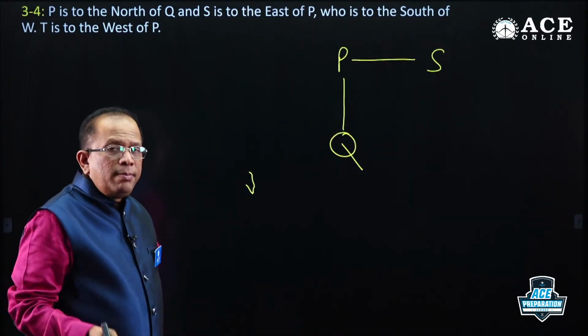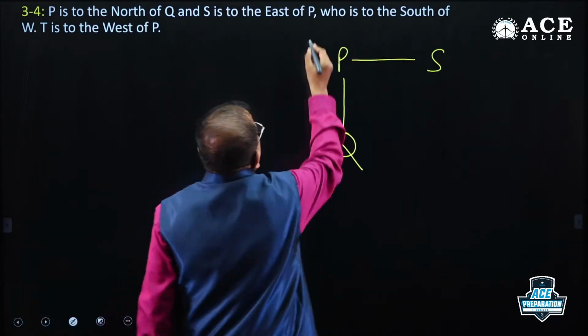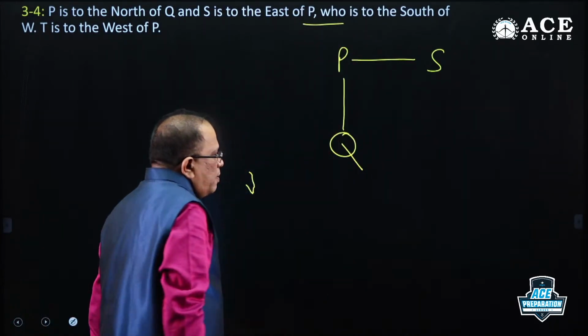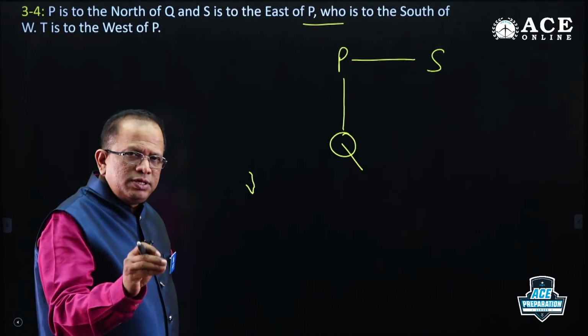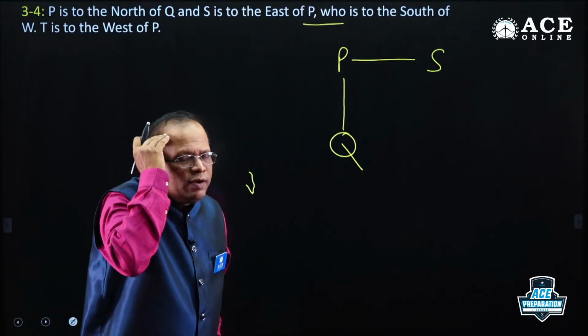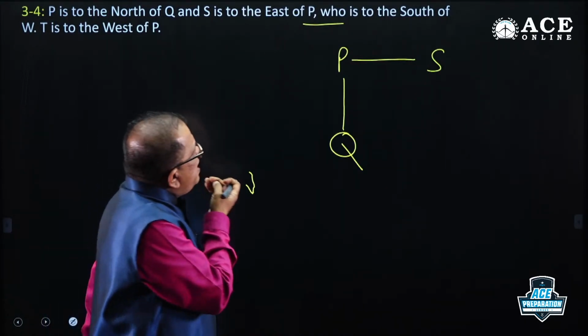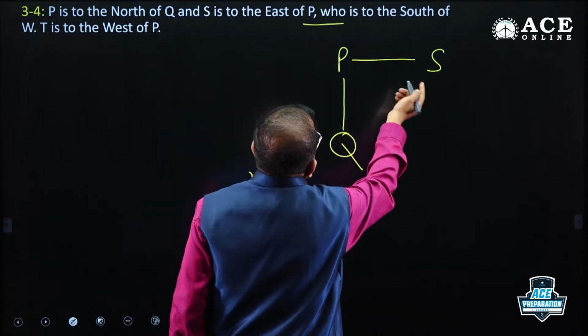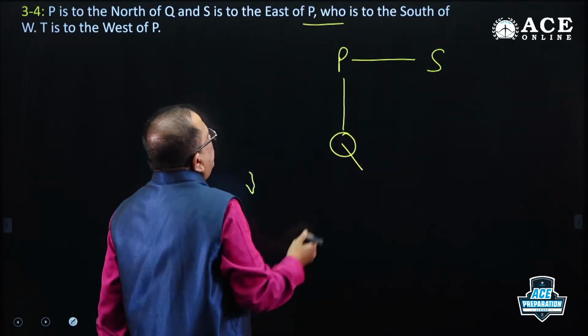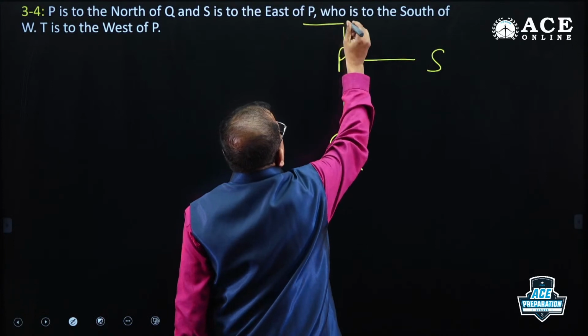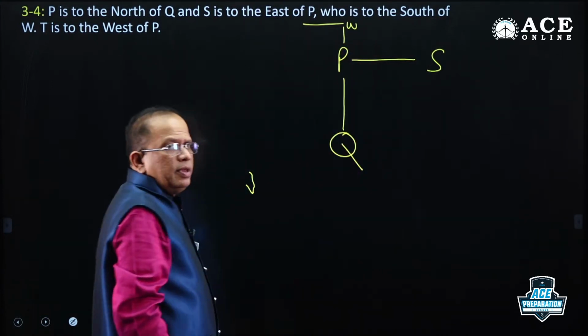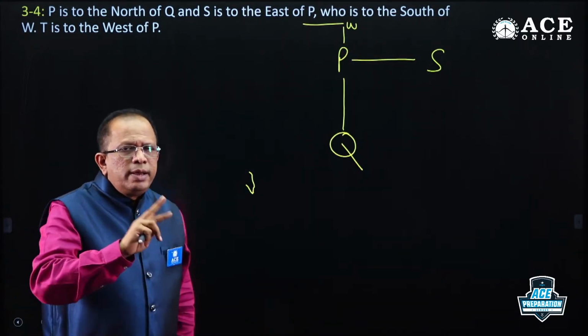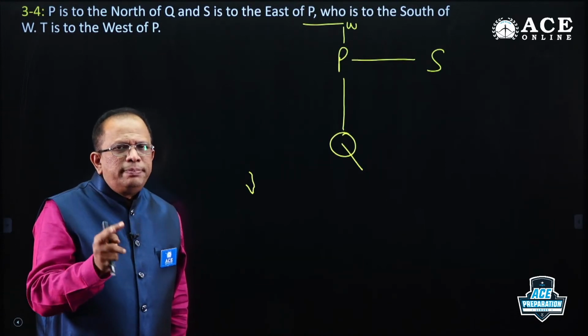That means, comma, who is means they are referring to P. Whenever you have comma, who is, you simply remove comma and who in your mind and read like P is to the south of W. P is to the south of W means W must be north of P. This is how you should be able to interchange the position.